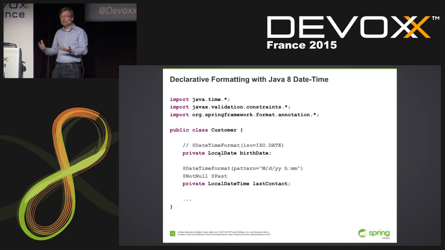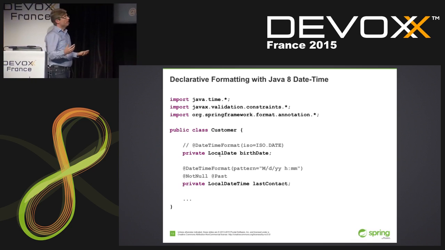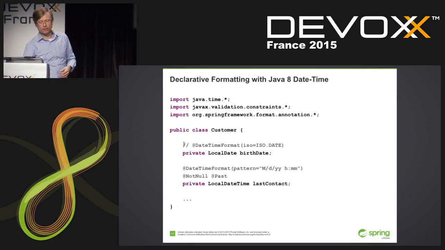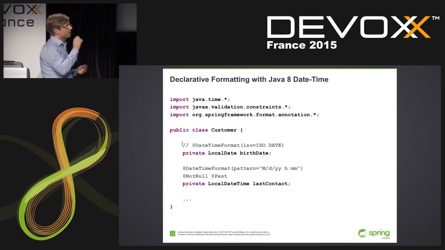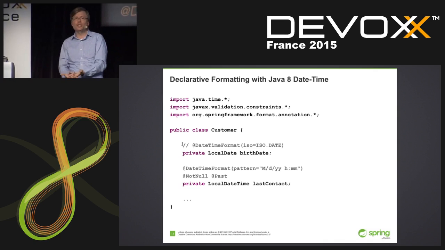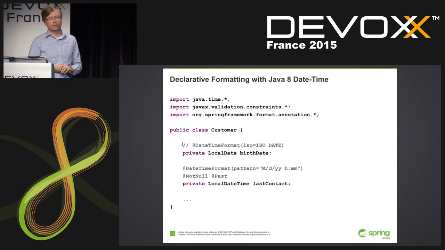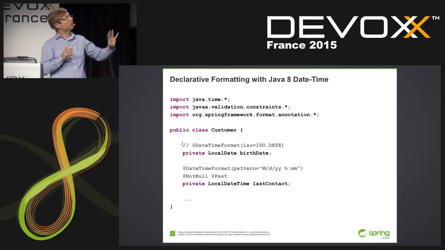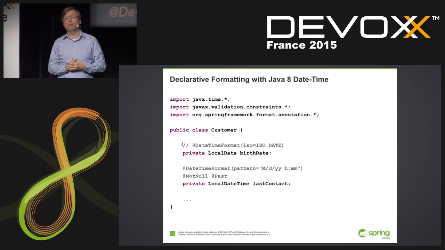For LocalDateTime, we're going to use the ISO datetime representation. This is pretty nice because it means you can omit the annotation. This is commented out for a reason. You can just omit that line. You don't have to have it there, because the type itself is expressive enough. Only if you deviate from what your type suggests by default do you need to add a formatting rule through @DateTimeFormat here. The same arrangement works for Joda-Time, but with java.time, it's even more compelling, I would argue.